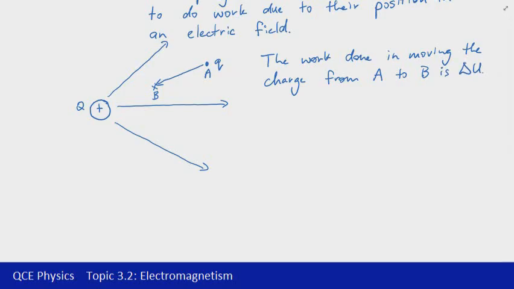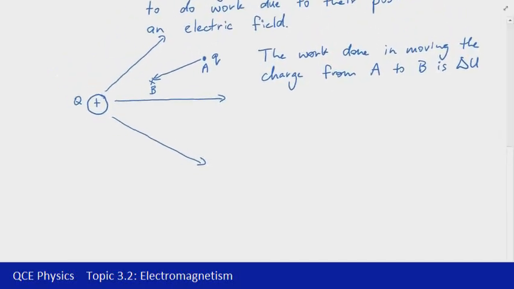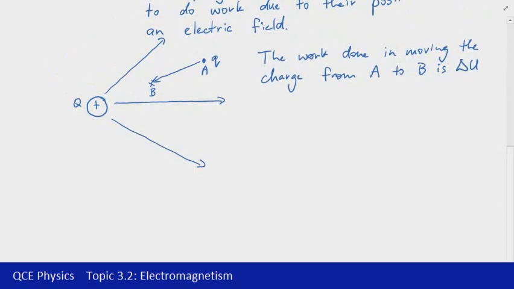So there was already some electric potential energy at point A, and then we're going to increase that by moving it to point B. So that results in an increase in electric potential energy. So that value delta U, while it's the work that we're doing, it also can be considered to be the electric potential energy that's gained by the charge.